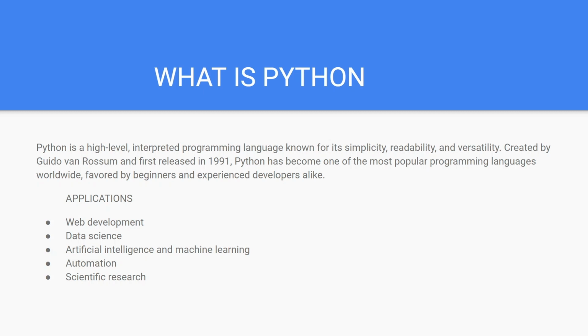Now, applications, web development. Python is used in web development using frameworks like Django and Flask. It's used in data science now. We are heading to this data science. We are also heading to artificial intelligence and machine learning.